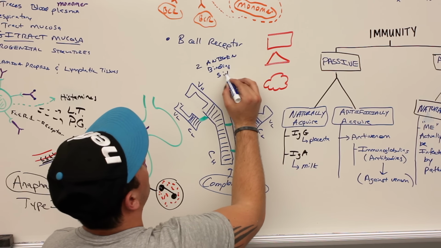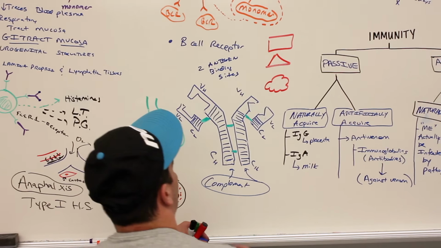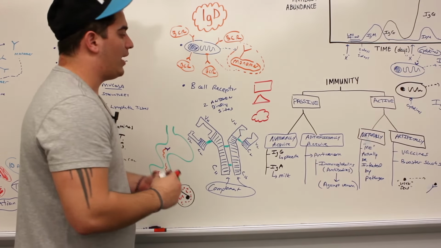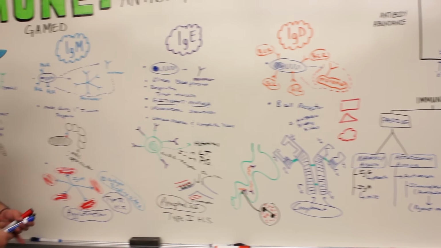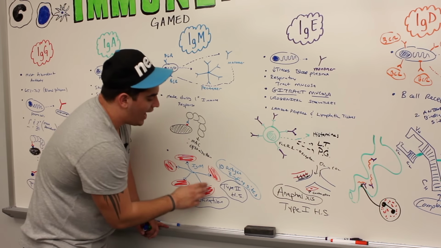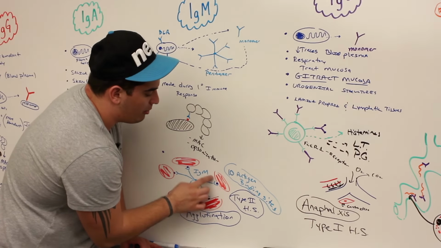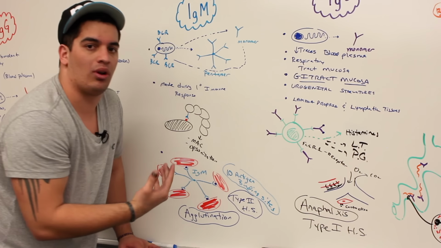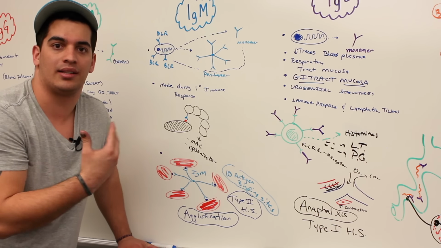What does that mean? Remember when I told you I'd explain the purpose of that antibody for IgM? Let's come over here real quick. Remember I told you it has 10 antigen binding sites? It's because of that. Each one of these antibodies has 2 antigen binding sites, and it's a pentamer. That's a total of 10 antigen binding sites.